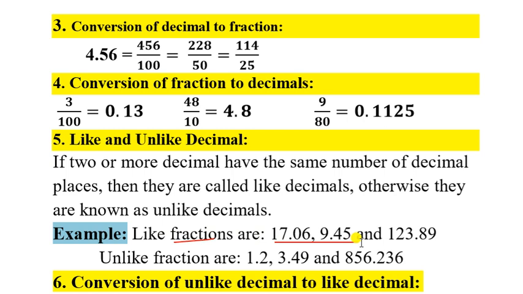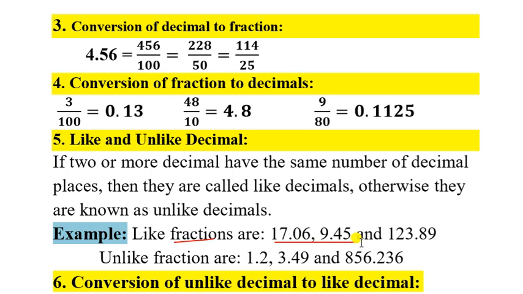It is called a decimal number because when we express a fractional number with a decimal point, we call it a decimal number. So remember, both are the same, only a little difference is there.